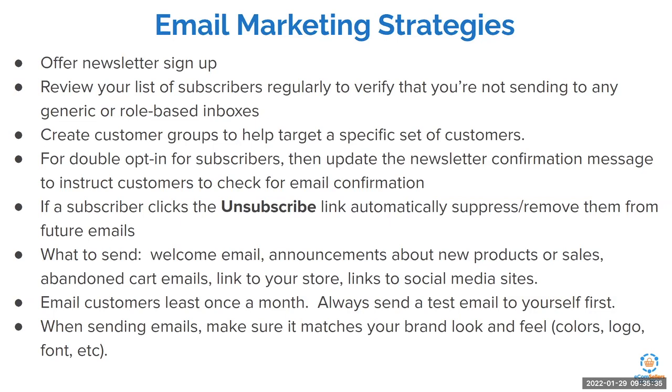And I would encourage you to make some edits to them, at least send them to yourself so you can test them. From there, when people sign up for your newsletter, you can set up an integration between Shopify and whatever email provider you want to use to send out an automatic email.